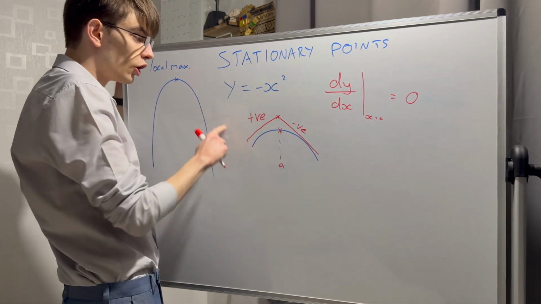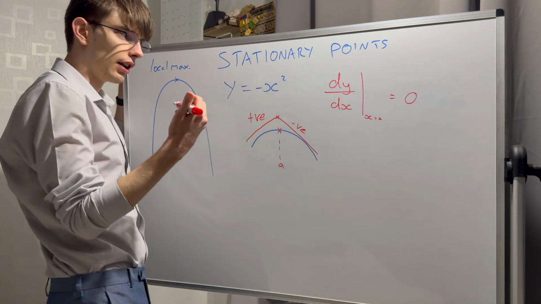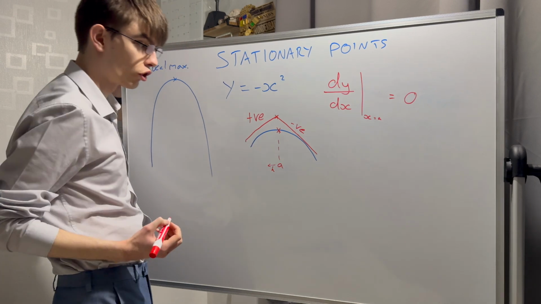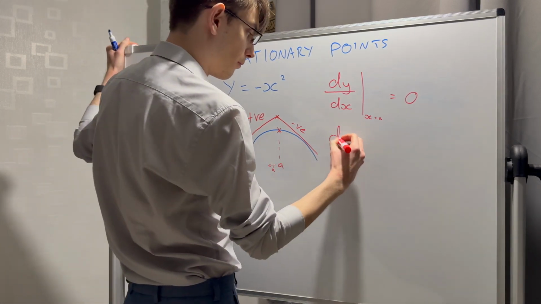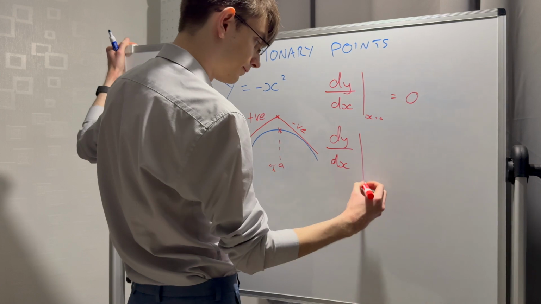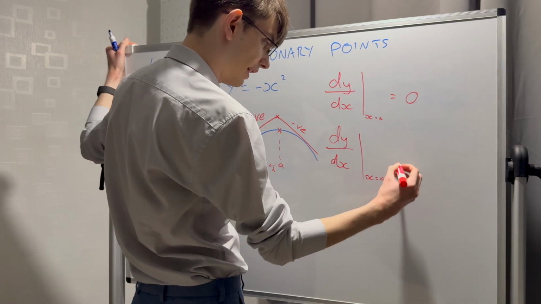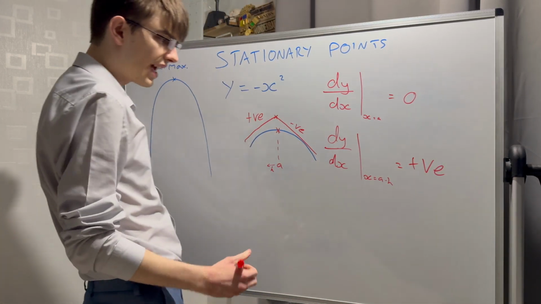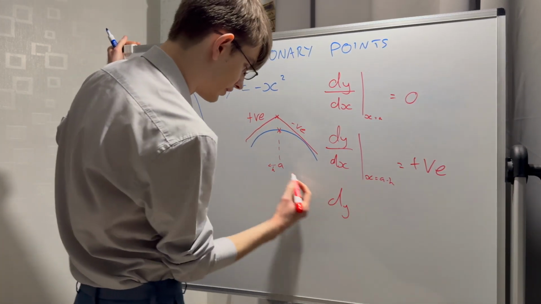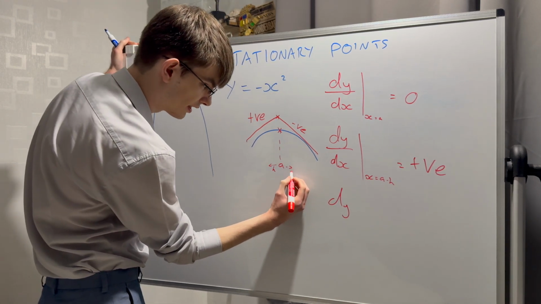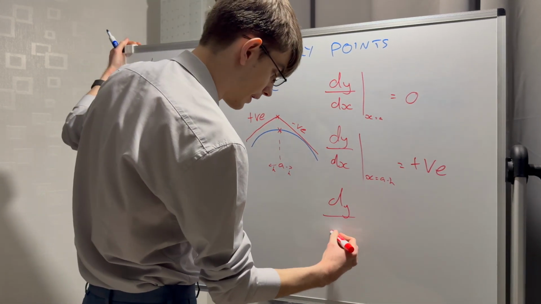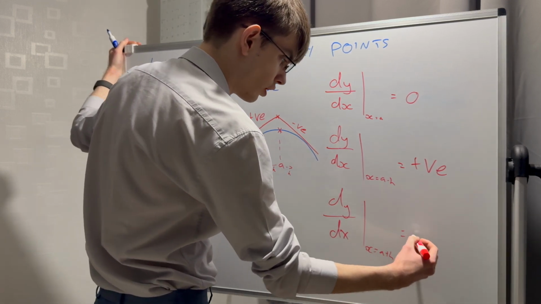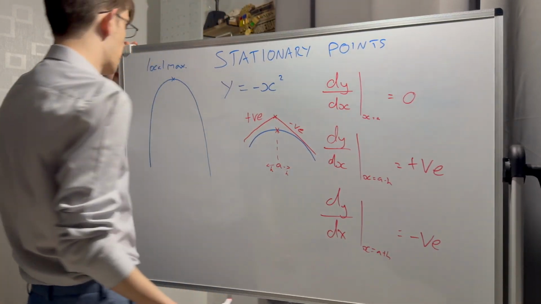However, to the left of it, let's say a distance h away from the centre, my dy/dx, where x equals A minus h, is going to be positive. And similarly, on the other side, let's say A plus h, just a tiny little distance away, x equals A plus h, my gradient is going to be negative.